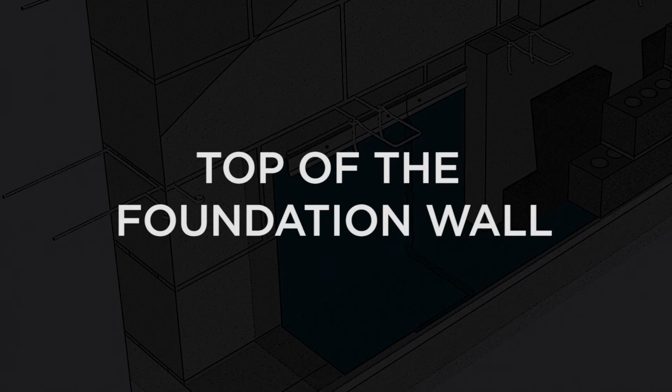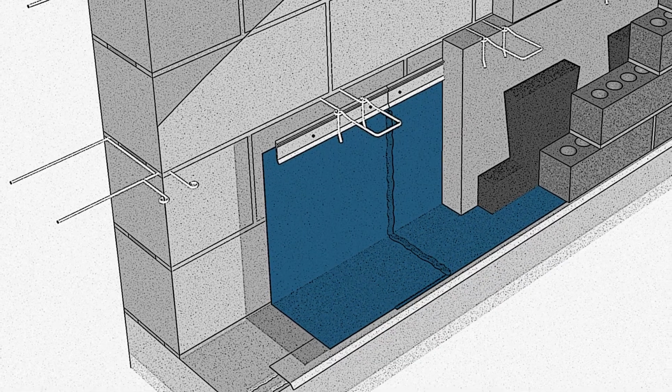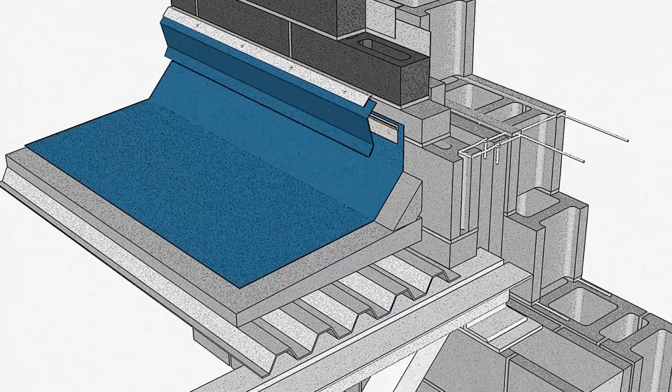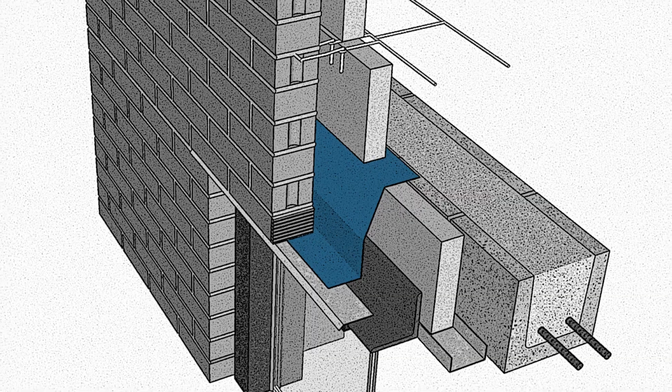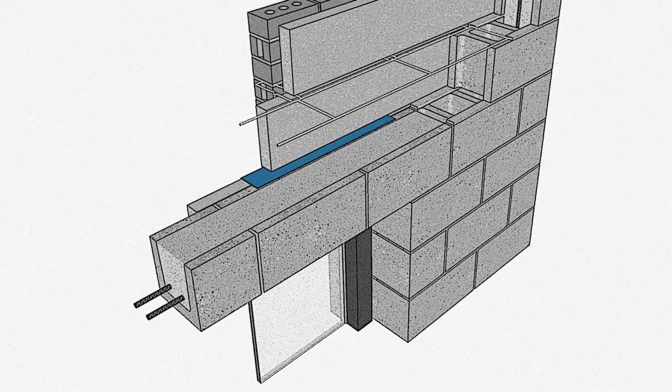Critical locations where flashing must be installed for this moisture to escape include the top of the foundation wall or base of the exterior wall, above the final finished grade, the exposed wall base at intermediate roofs, above the receiver for roof flashing, and above all horizontal breaks such as bond beams and partially grouted, single-wythe exterior walls.